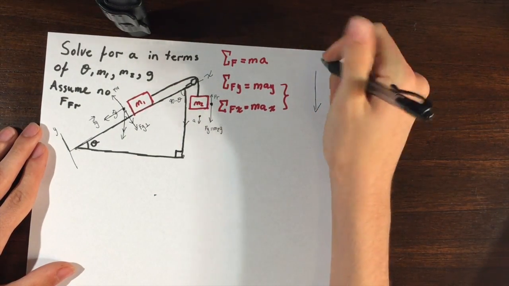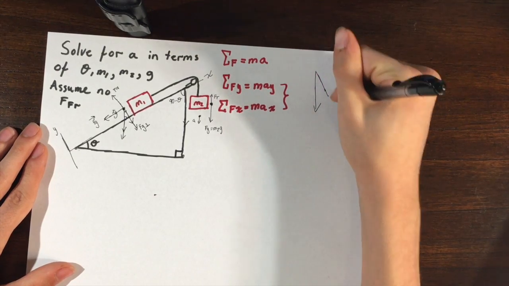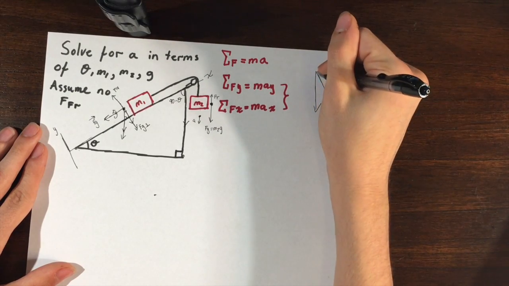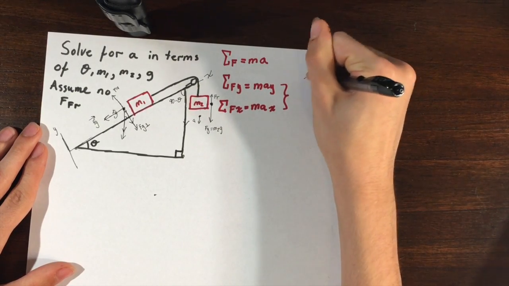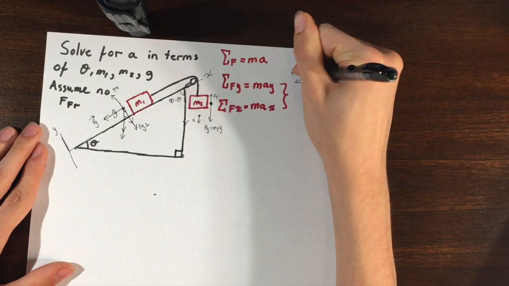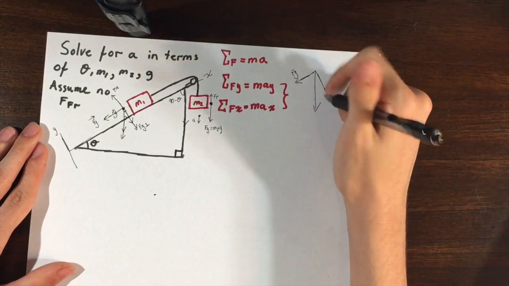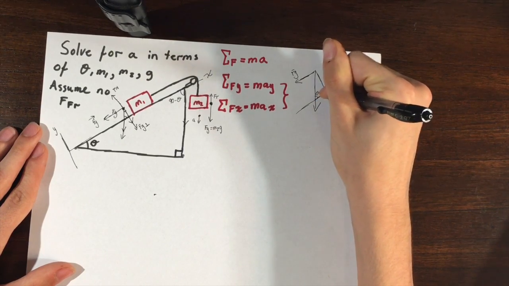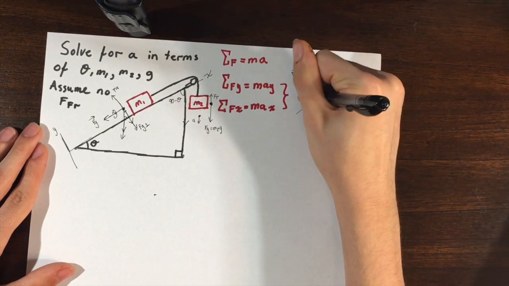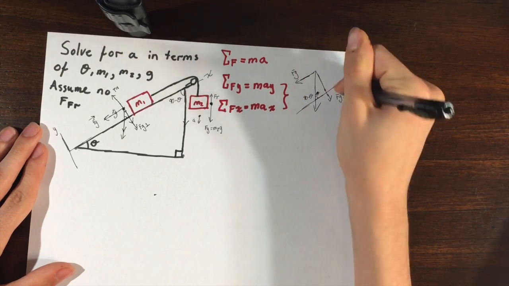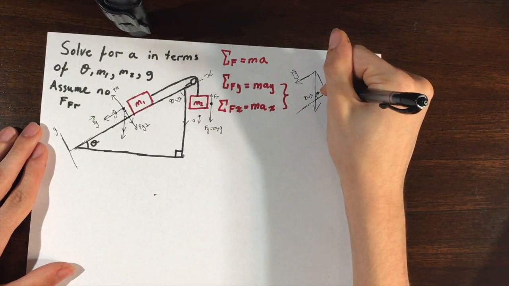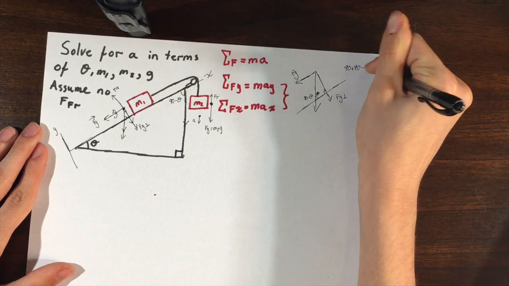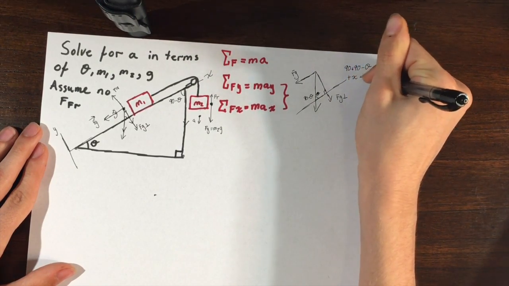We had our force gravity, we had our force gravity perpendicular to the x-axis of the inclined plane, and we had our force gravity parallel to the inclined plane. We know that the angle right here was 90 minus theta based on alternate interior angles, and we knew this was 90 degrees, so 90 plus 90 minus theta plus x is equal to 180.